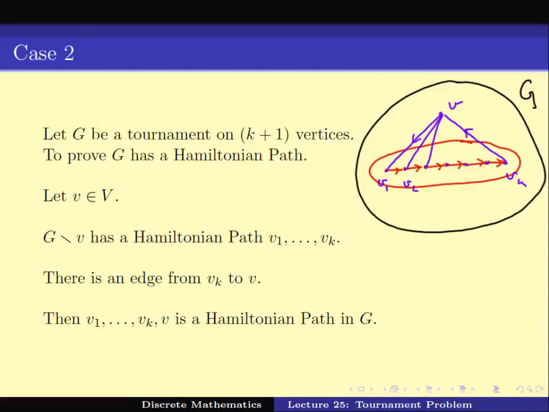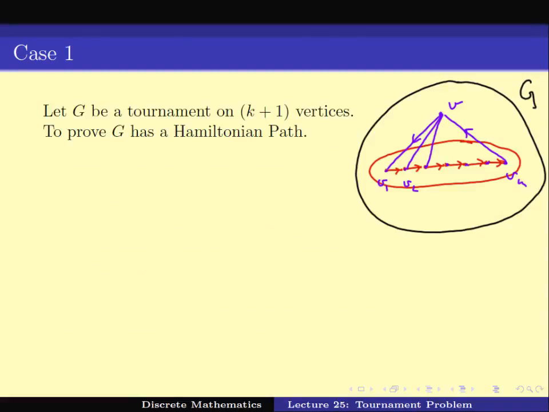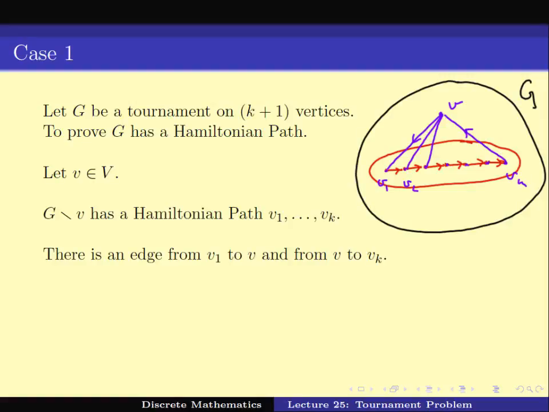Great. Now we come to the third case. The third case is neither of these two happens, right? So there is an edge from V1 to V. Let me draw them. There is an edge from V1 to V and the edge from V to Vk.